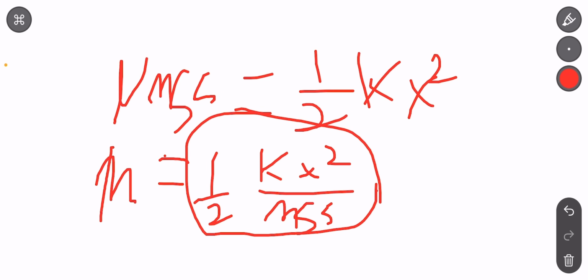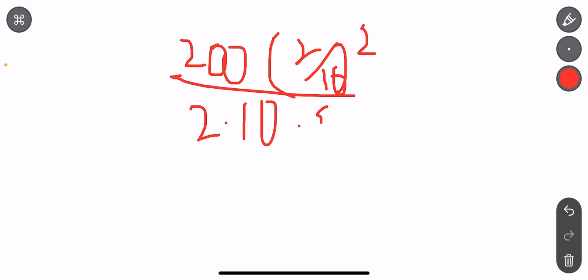We're looking for how much it is, right? So now we're gonna plug it in. So let me make it nice so we can understand. 200 for the k, right? Then we're gonna put 2 over 10 for the mass, because we had, I think it was, yeah, it was 0.2 mass, hence why we did that. Then we have 2 times 10 times the 5, I'm sorry.